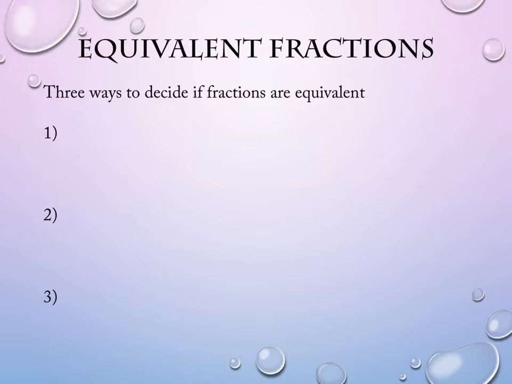And I'd like to show you three different ways that we can show whether the fractions are equivalent. And then after I show you all three of them, it doesn't matter to me which one you use. Just pick which one you like the best. Okay? So the first way that we're going to examine is going to be to reduce both, as in both fractions, to simplest form.